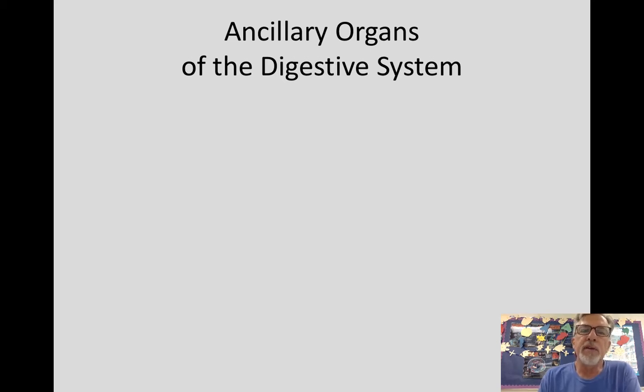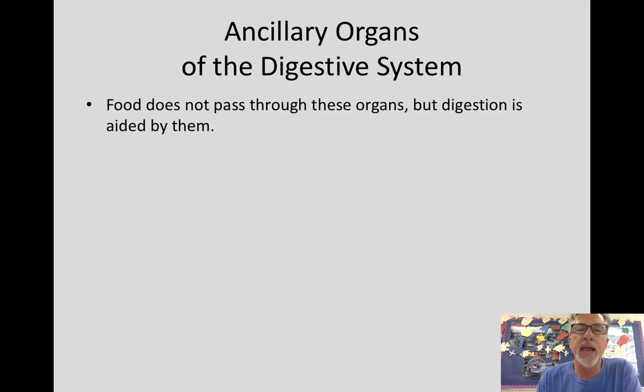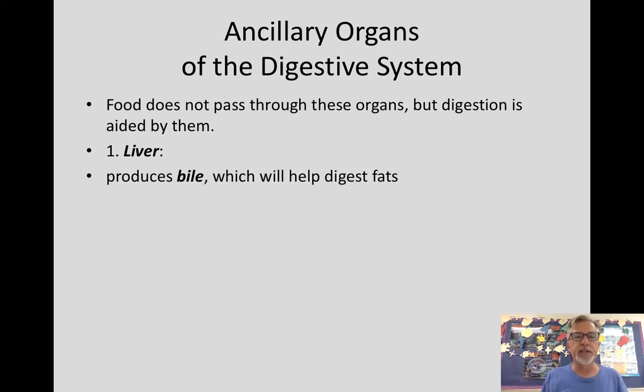Now, there are several organs that play an ancillary, helpful role in the digestion of food. Food doesn't pass through these organs, but digestion is aided by them, so we need to learn about them. The first is the liver. The liver is a large lobed organ, mainly on your right side, that produces bile.